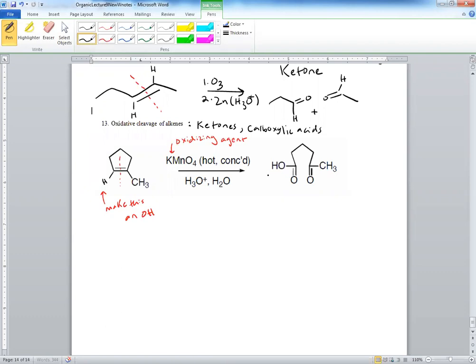As you can see here, what happened. All right, so let's look at our example. I'm going to put the H right there so you can see it. So here is permanganate, potassium permanganate, hot, concentrated, etc. And then, of course, you have an acid.